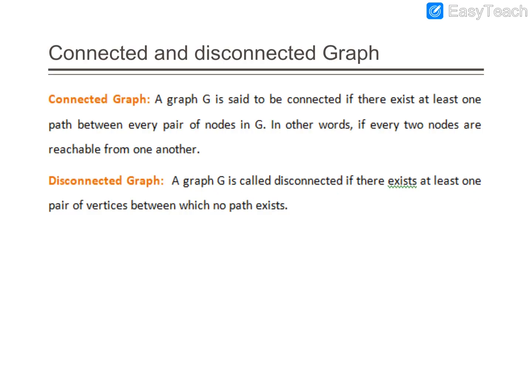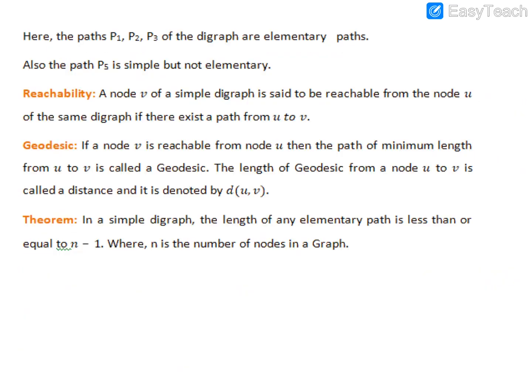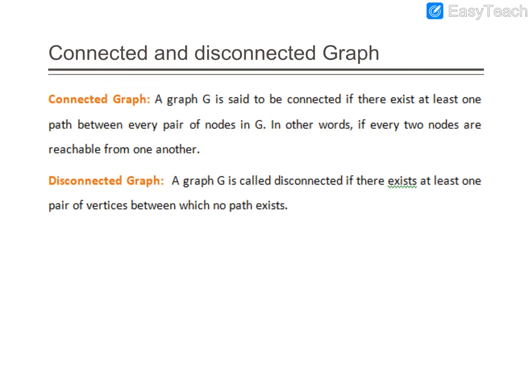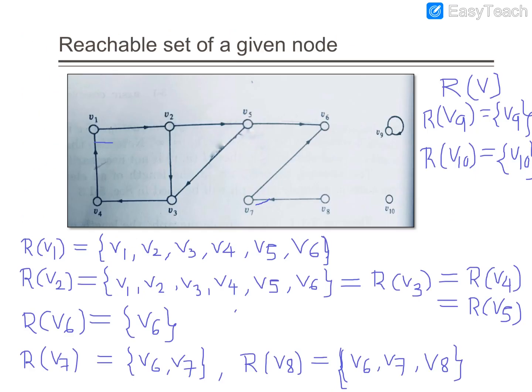And a graph G is called disconnected if there exists at least one pair of vertices between which no path exists. As per the previous graph, vertex V9 is not connected with other vertices in the graph. Therefore, this graph can be considered a disconnected graph.